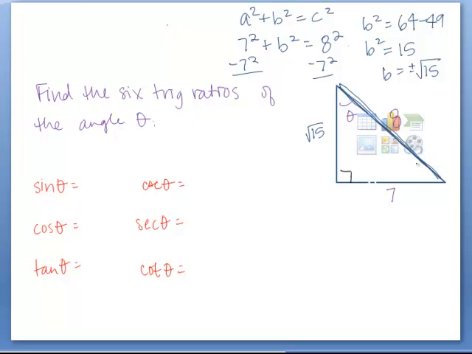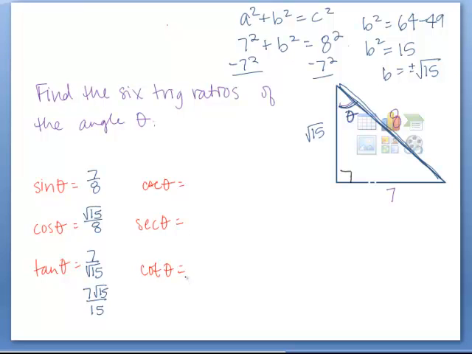Okay, sine, remember, is opposite over hypotenuse. This is our theta right here. Since our theta is up here, the opposite is going to be 7, the hypotenuse is going to be 8. So our sine is 7/8. Cosine of this angle theta is going to be adjacent over hypotenuse, or root 15 over 8. Tangent of this angle theta is going to be opposite over adjacent, 7 over root 15, which rationalized would be 7 root 15 over 15.